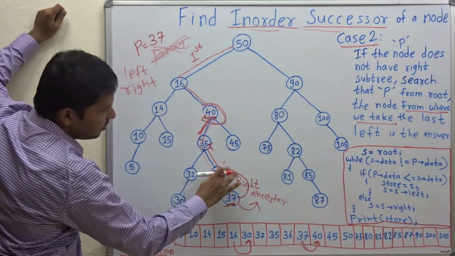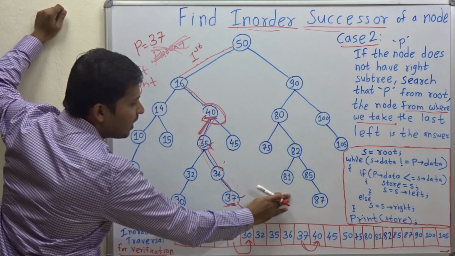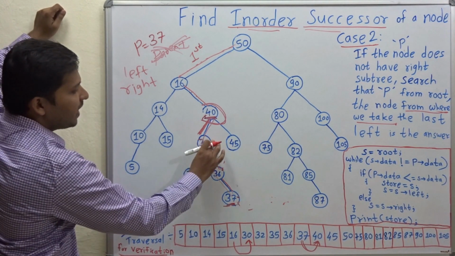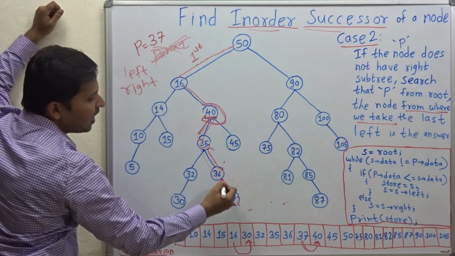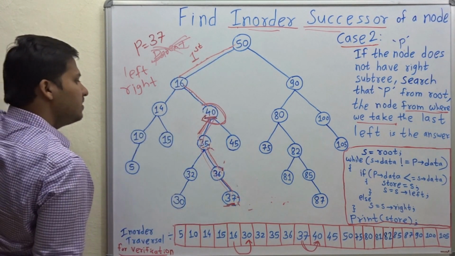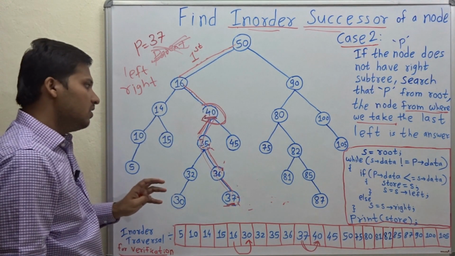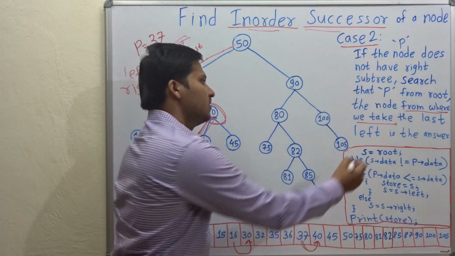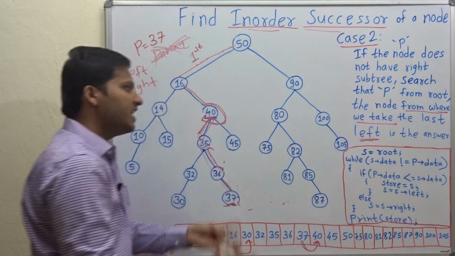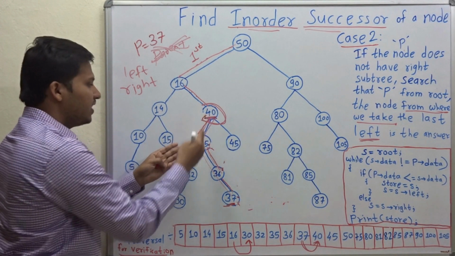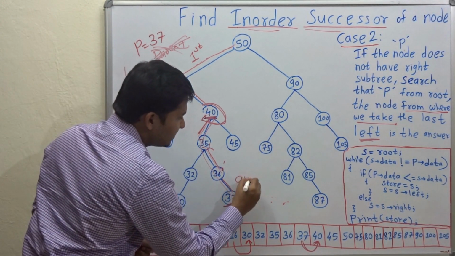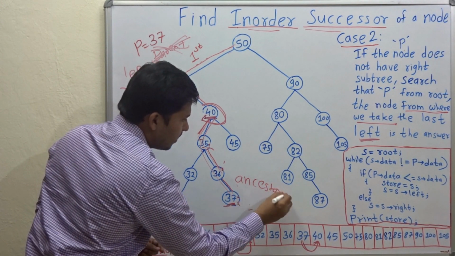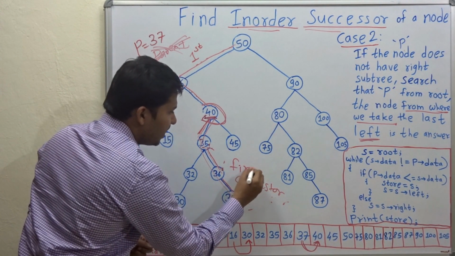We have searched the node from the root and we have marked that path, and in that path the last left is the same as the first left ancestor. In reverse we say ancestor, so we say first left ancestor.